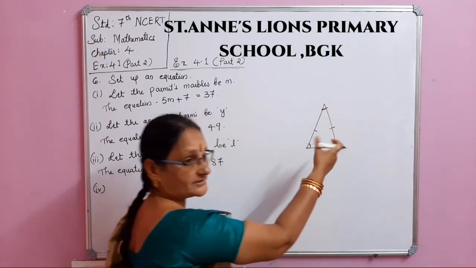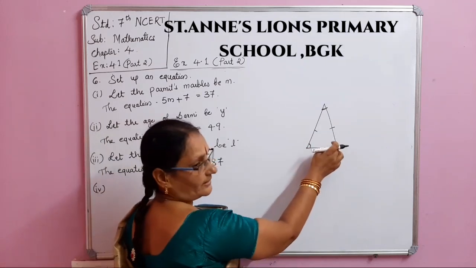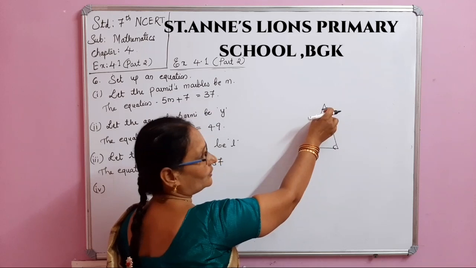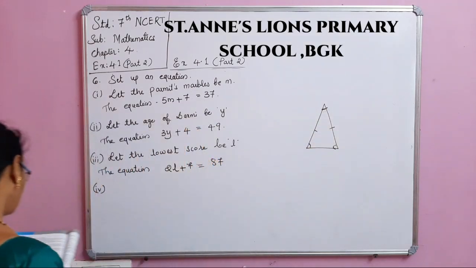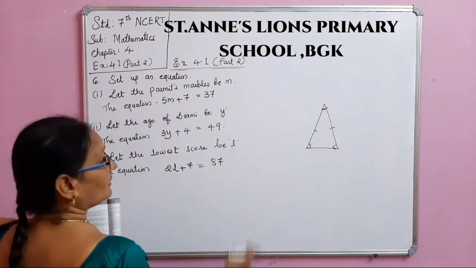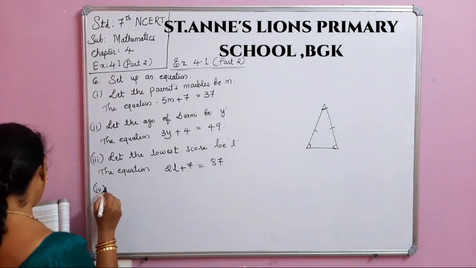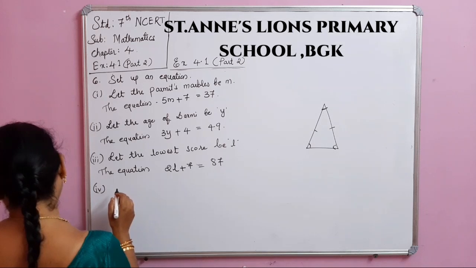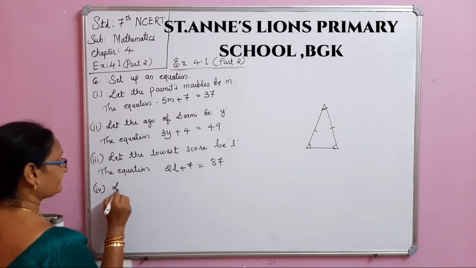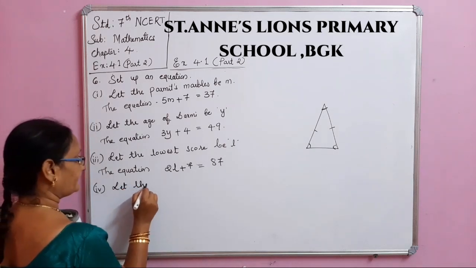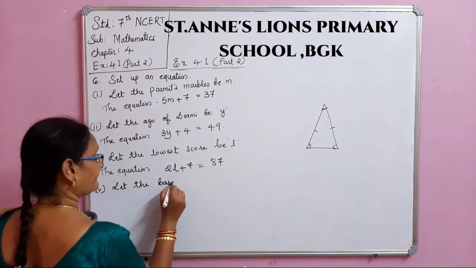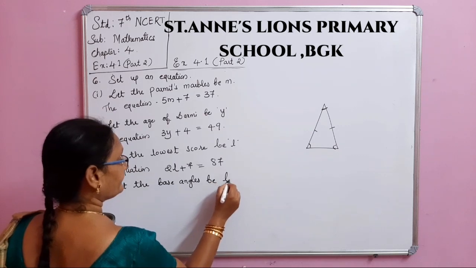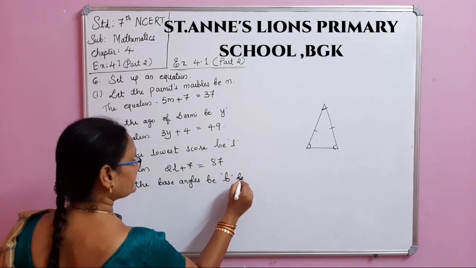That means 4 times the base angles is equal to 180 degrees. So first we will consider, let the base angles be B degrees.